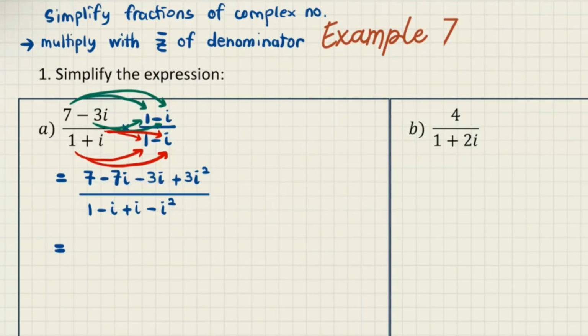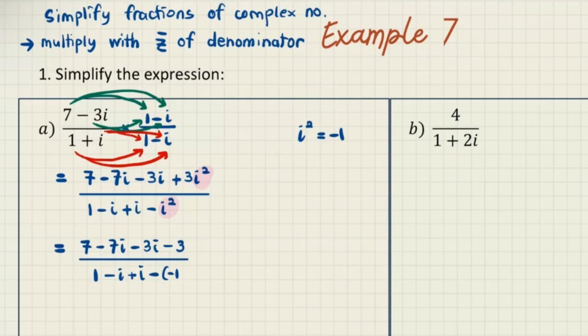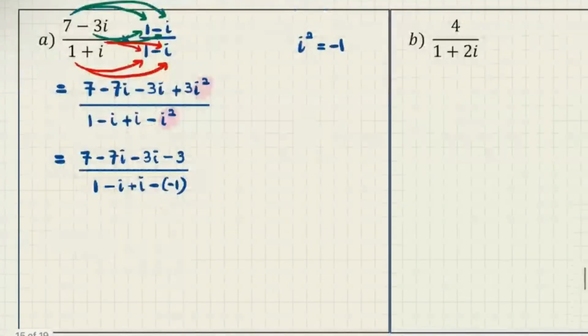Here, we know that I squared tadi sama dengan apa? Negative 1. So boleh tukarkan dia lah. So we have 7 minus 7i minus 3i minus 3. Okay, over 1 minus I plus I minus with negative 1. Okay, simplify.